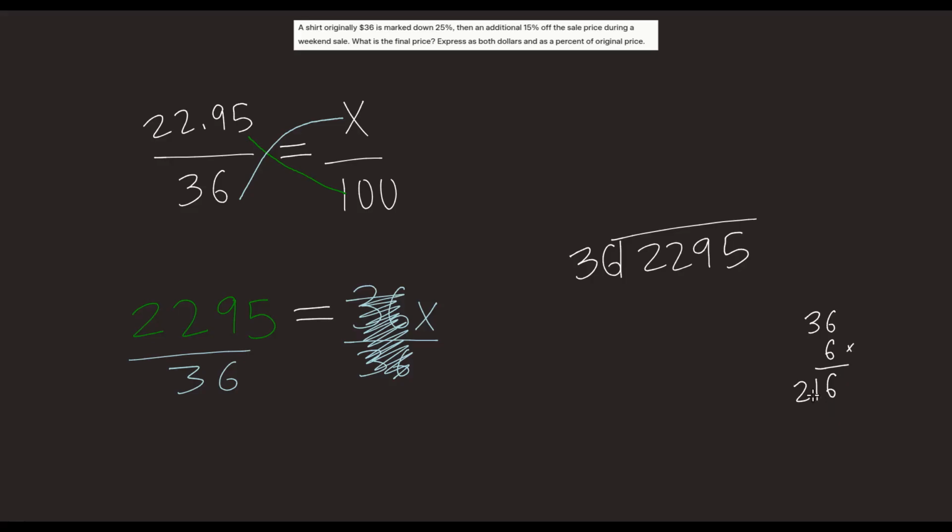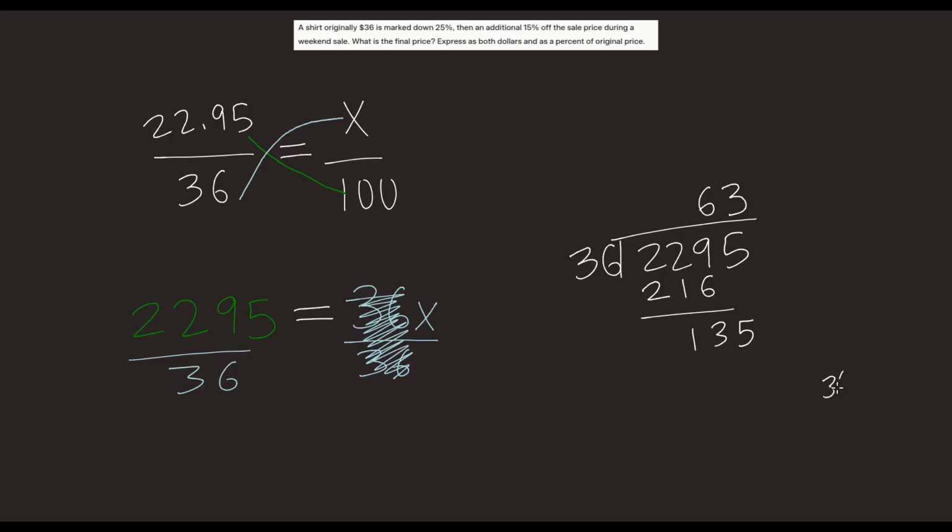Yeah, that would work, because if we added another one to 7, that would be greater. So 6 works. All right, so 216. Put that in. 36 goes into 229 6 times, which results in 216. Minus 3, 1, bring down the 5. 36 goes into 135, I believe, 3 times.